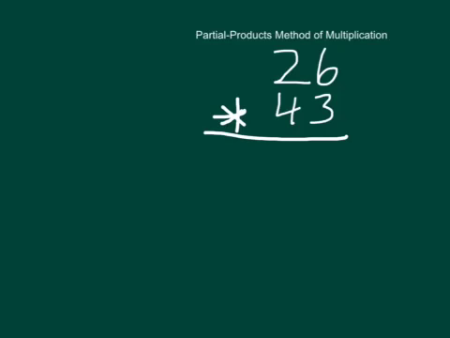Okay, so over here I'm going to start with 20 times 40. So what does that give me? 20 times 40, well, 2 times 4 is 8, but I have 20 instead of 2 and I have 40 instead of 4, so I have to multiply 8 times 10 twice, which would give me my 20 and my 40, so I get 800.